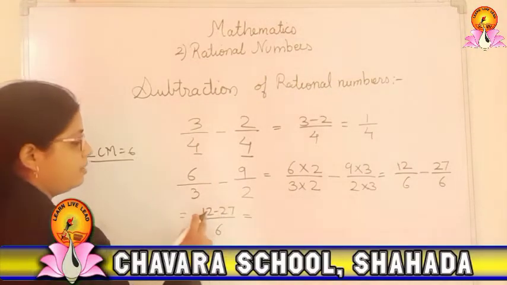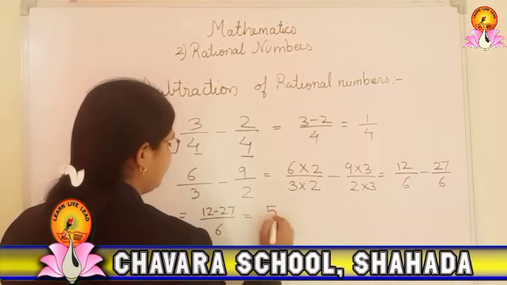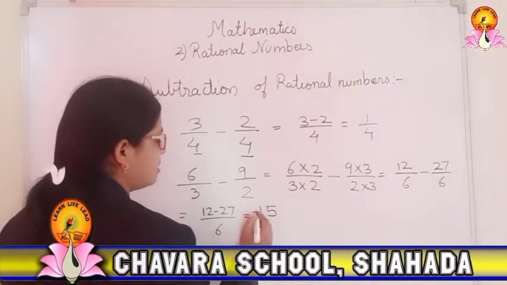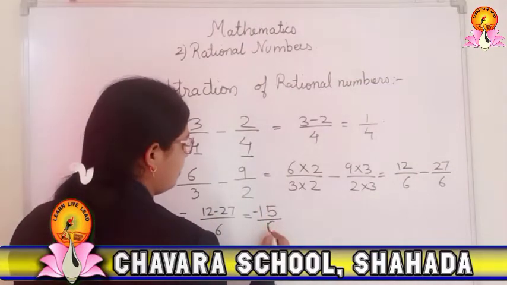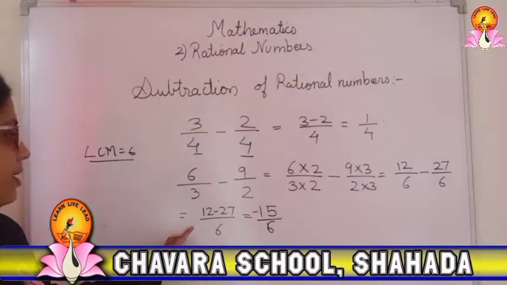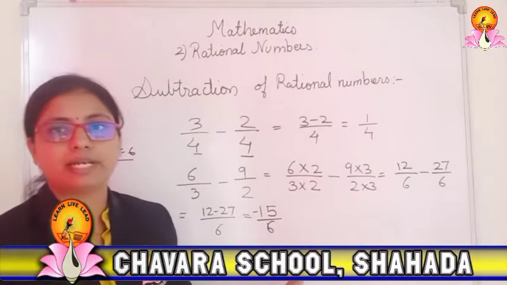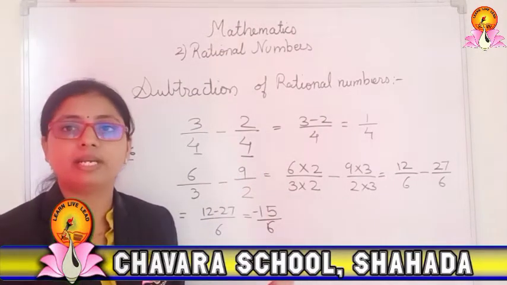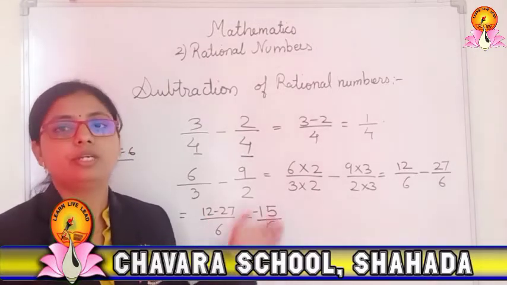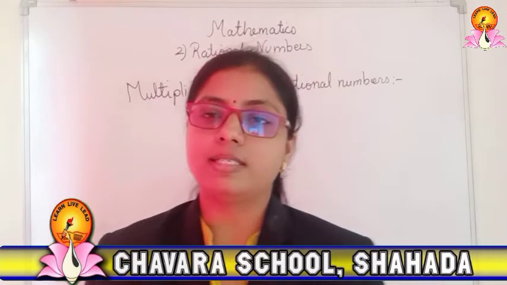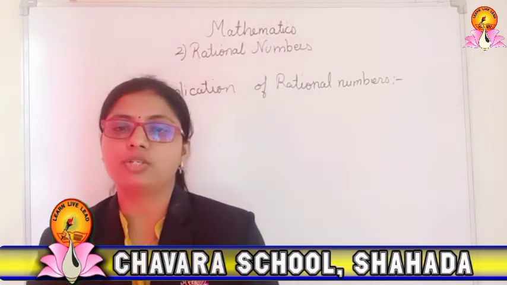So 7 minus 2 is 5 and 2 minus 1 is 1, and the answer will be negative 15 upon 6. Okay, so in that way you can solve the example of subtraction. If equal denominators are there, if unequal denominators are there, depending on the condition you have to go for the solution. Okay, now let us start with the multiplication of rational numbers.